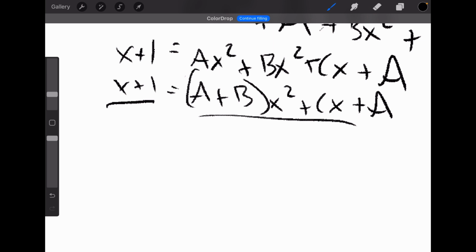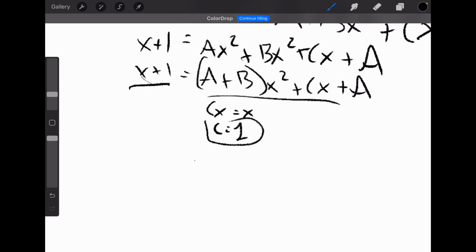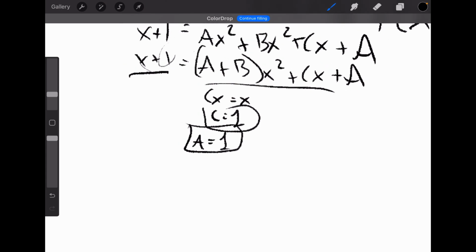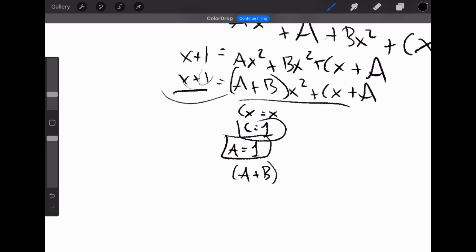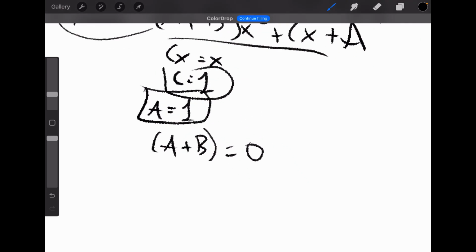So this means that x here is equal to cx, so c is equal to 1. And then we also know that a is equal to 1, because a is a constant and this is a constant here. And then we have a plus b. There's no equivalent to a plus b here, so we can just say it's 0 because it doesn't exist. So we have a plus b is equal to 0.